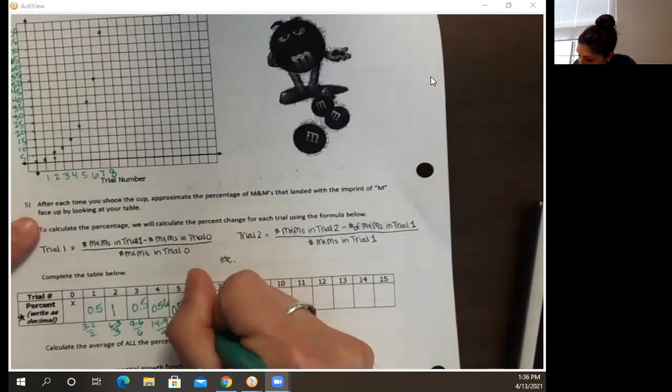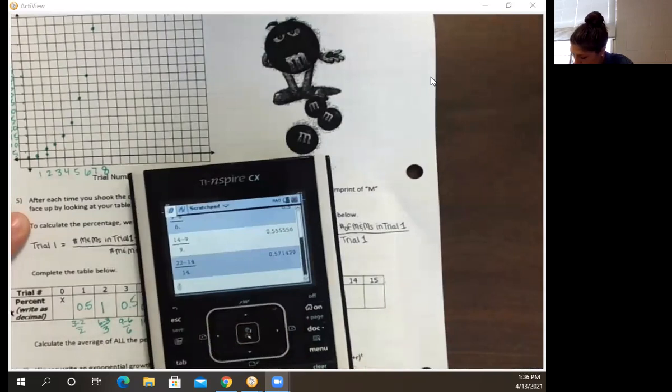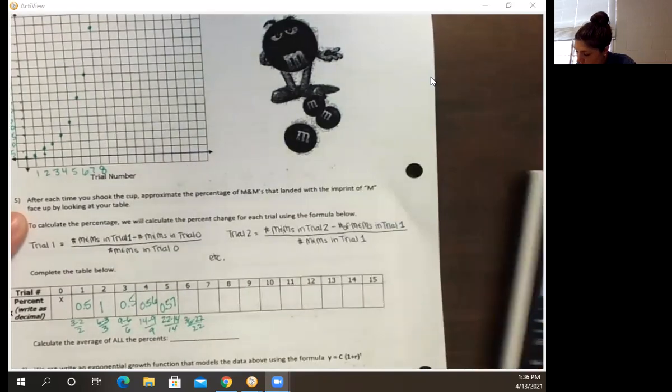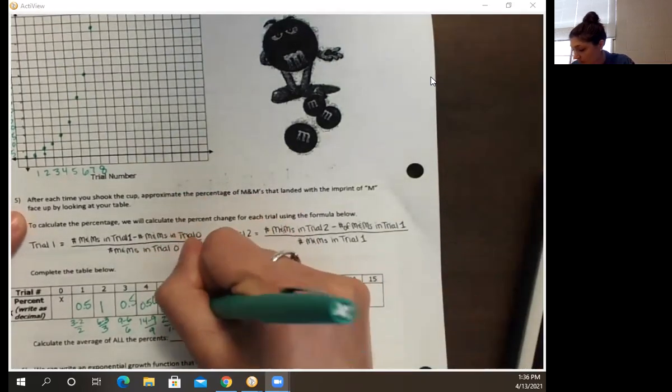Then 36 minus 22 divided by 22. We get 0.636, so 0.64.